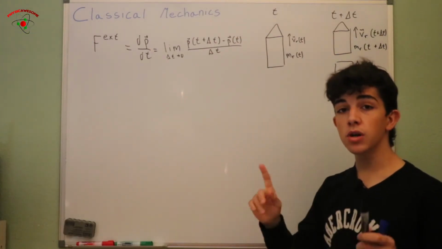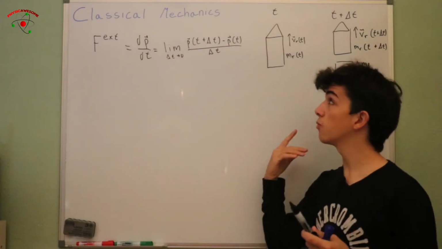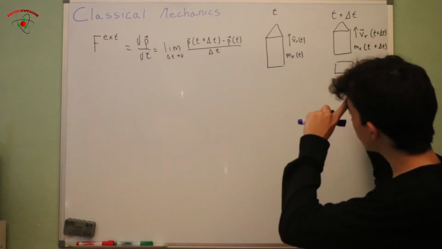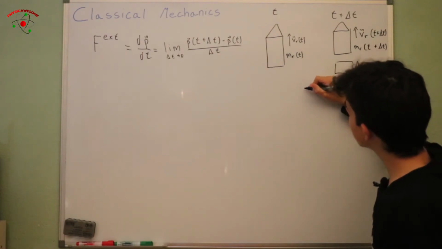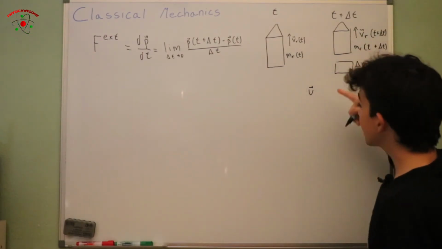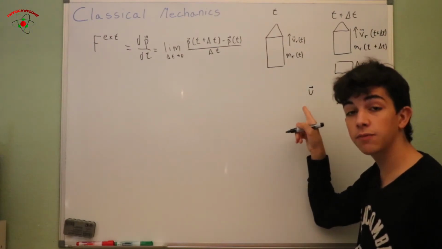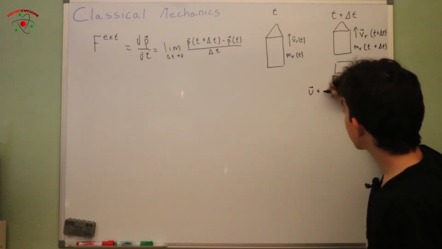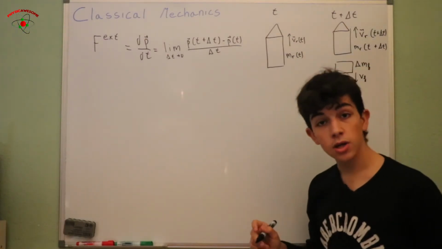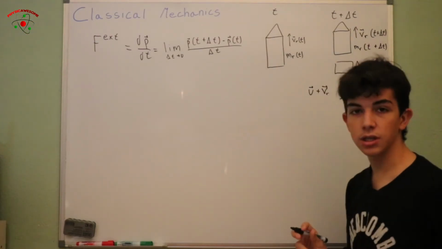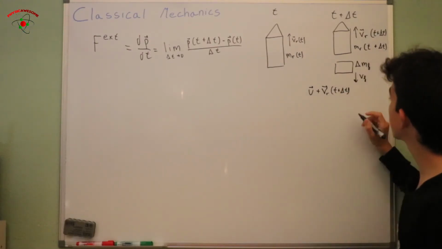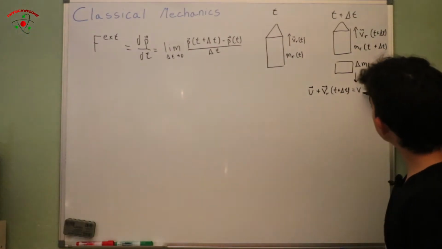So it's a much more useful notion for the rocket problem to talk about the relative velocity of the fuel. Therefore, this fuel is going to have velocity u in the rocket frame, the relative velocity, and we know that this velocity in the rocket frame plus the velocity of the rocket frame, which is precisely the velocity of the rocket at time t plus delta t in this case, is going to be equal to the velocity of the fuel at time t plus delta t.